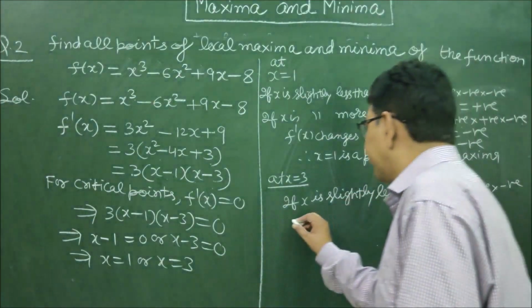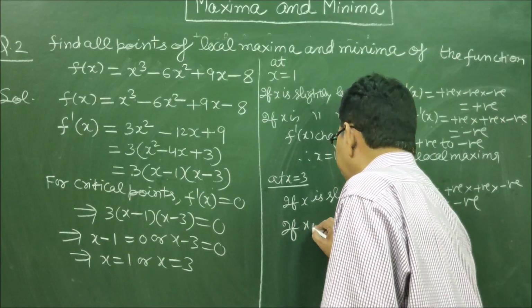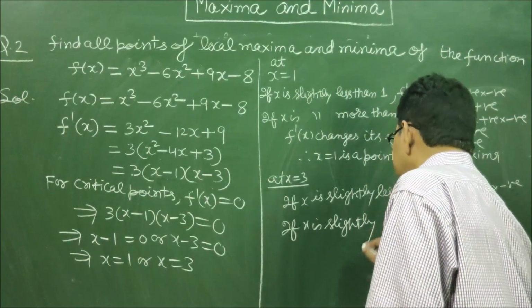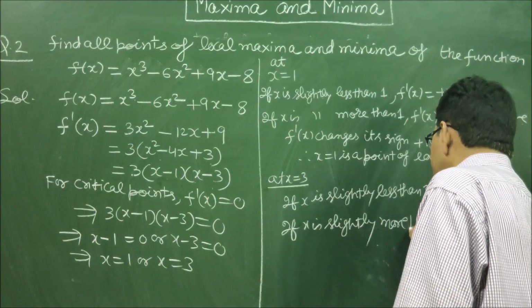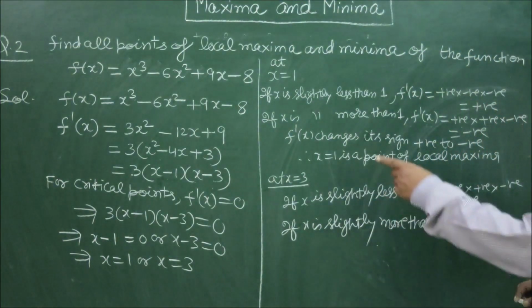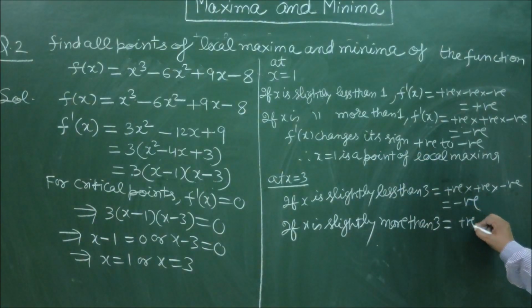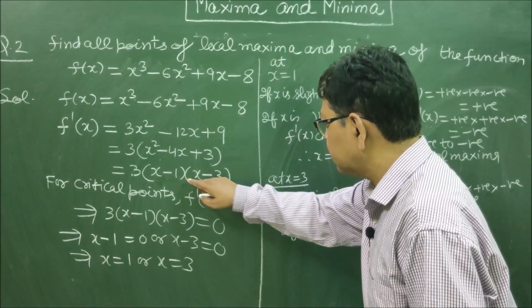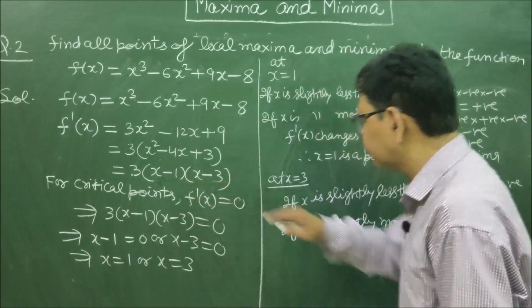If x is slightly more than 3, then x plus 3 is positive, x minus 1 is positive, and x minus 3 will also be positive.